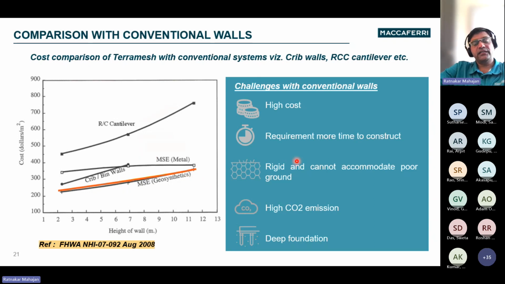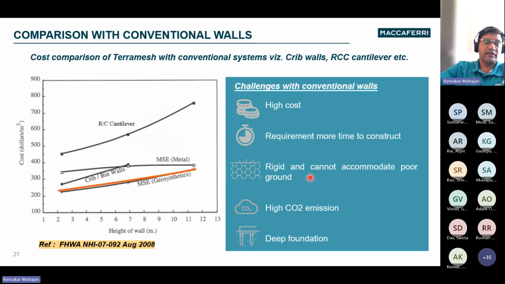Of course, rigid structures like retaining walls cannot accommodate differential settlements on poor ground. The permissible differential settlement in the case of RCC retaining walls is the lowest compared to reinforced soil walls, which are flexible, yet resilient.